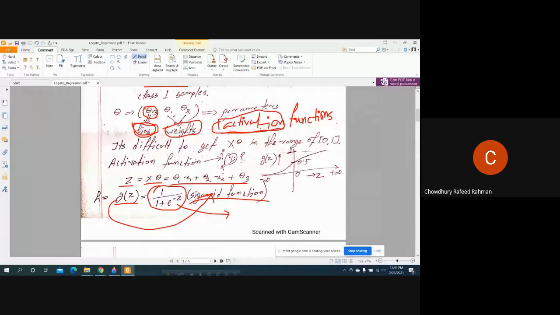If you look at Z, which is theta1 x1 plus theta2 x2 plus theta3, it has a very low chance of being close to 0 or 1. So somehow we need to bring this summation close to 0 or 1. So as a rescuer, we bring in the sigmoid function. The sigmoid function is one kind of rescuer, and these rescuers are known as activation functions.